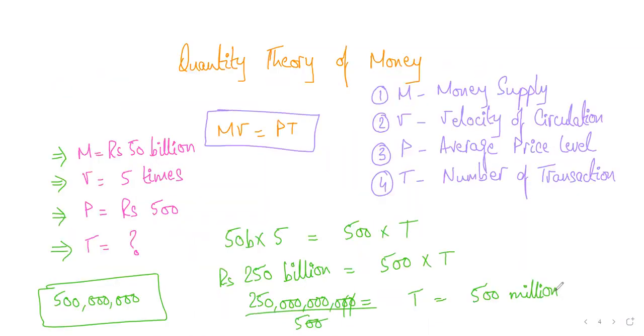The idea was that the left-hand side of the equation is showing you the total amount of money that is available to make the transactions, right? Because it is money in circulation times velocity of circulation, right? The right-hand side of the equation is showing you the worth of transactions.